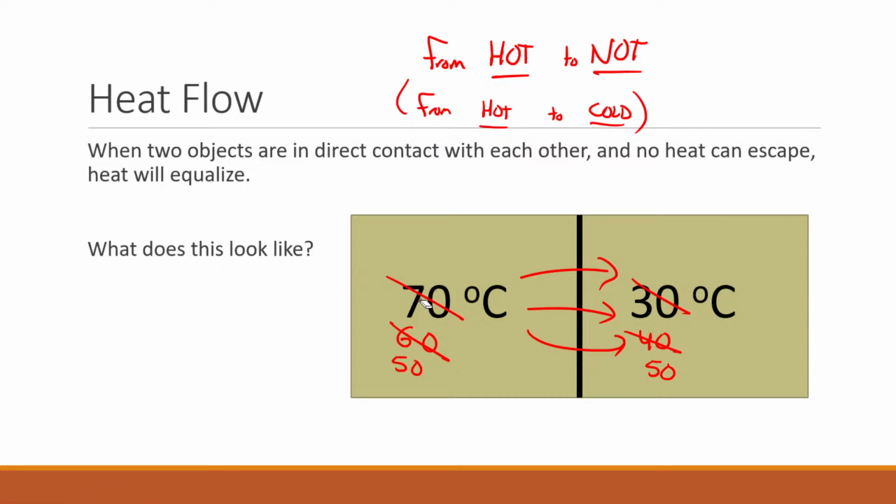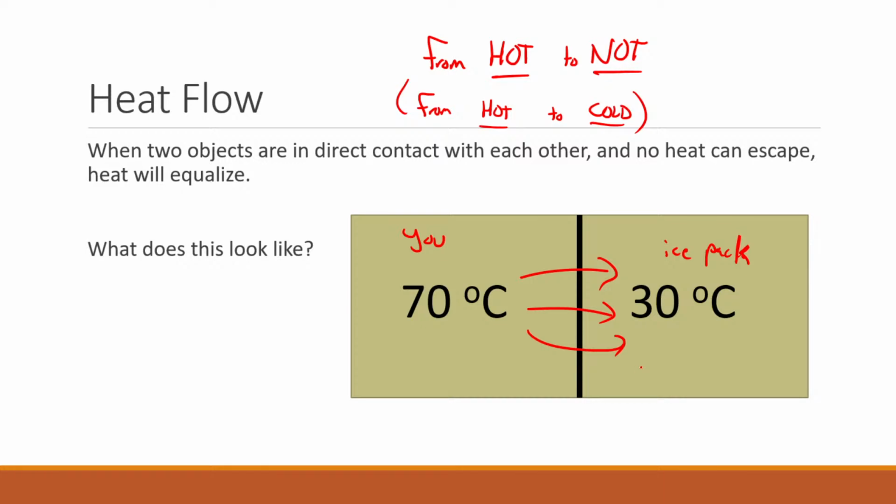But we've seen this happen over and over again in day-to-day life. If you've ever used an ice pack before, an ice pack works by pulling the heat out of you. It is so cold that it suctions the heat out of you and absorbs that heat for itself.